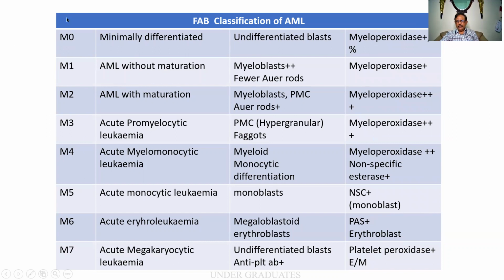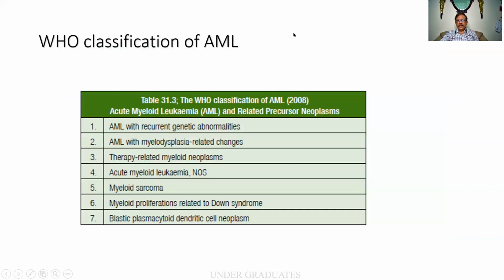There are 4 columns. One is the number, the other is the name, the description, and the cytochemistry. All the 4 things you people will have to write. There is another classification also called WHO. WHO, all of us know, World Health Organization.